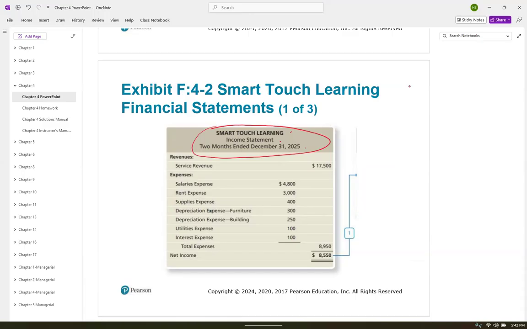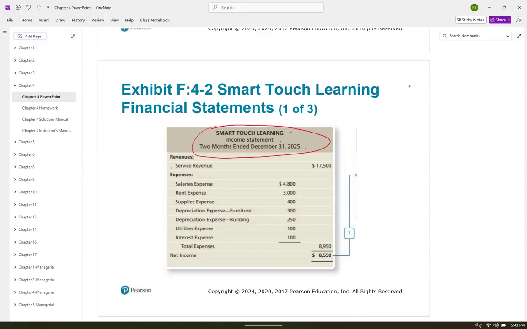But if you leave that off and you just put December 31, 2025, it's wrong. It's wrong because that's not how it's stated. You are looking at all the revenues and all the expenses from, what is that, November 1st through December 31st. That is what they're telling you. That's what the users are saying about this statement.